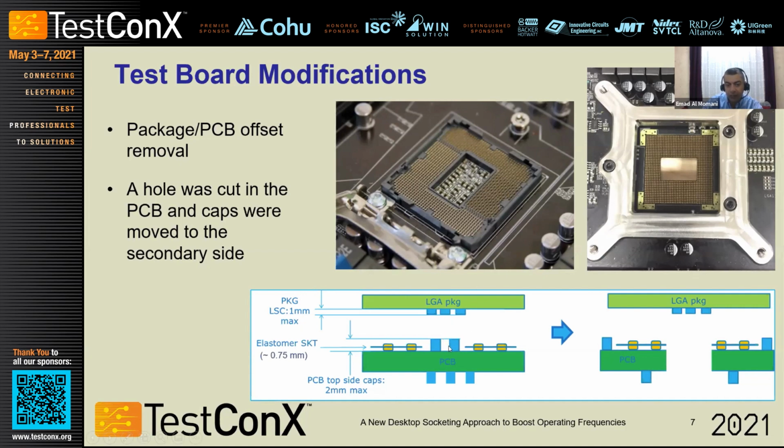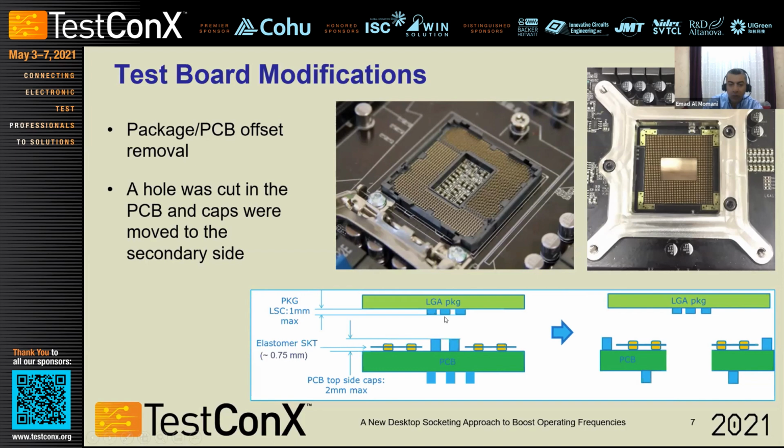This is an elastomer socket, just a schematic, placed with the current platform design. These caps are close to 1.8 millimeter in height. You have some land side components on the package itself, maybe around 0.5 to 1 millimeter in height as well. If you try to socket this package to the platform, these will collide.